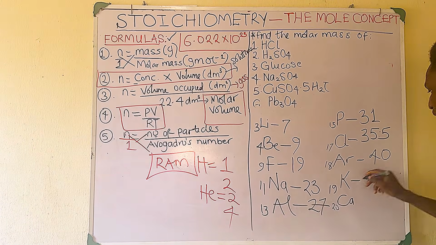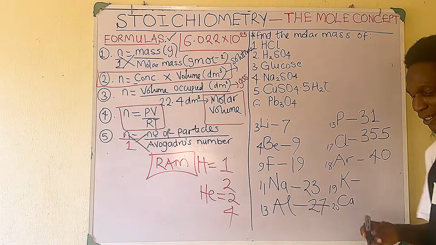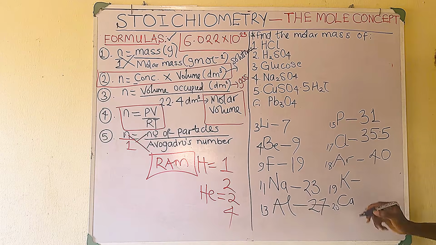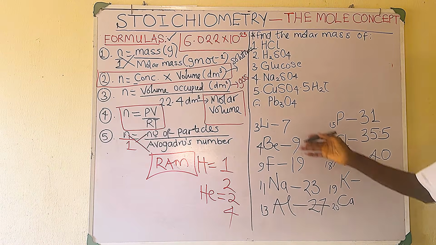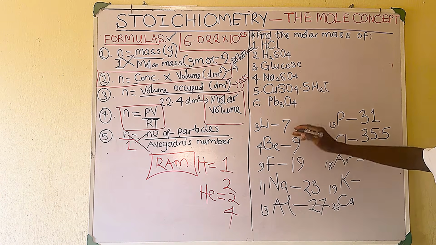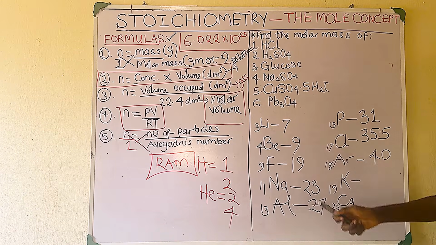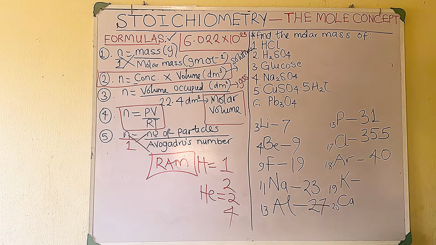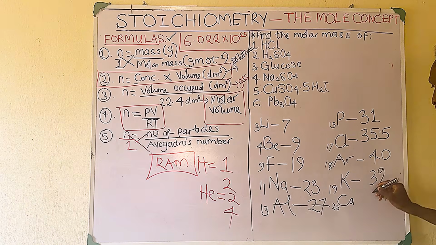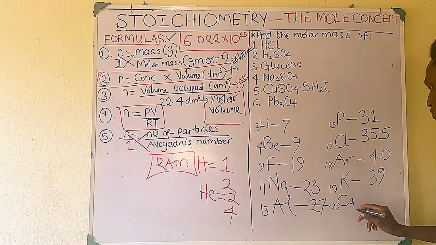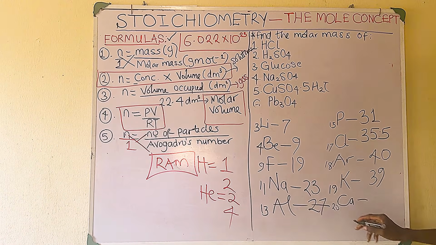Now, potassium is not having 19 times 2, which is 38. Normally the trend is that as atomic number increases, the relative atomic mass also increases. But that does not happen here. It reduced. We have 39. Potassium added plus 1, argon added plus 2, and then calcium obeys the rule.